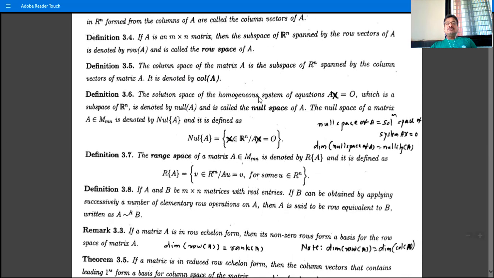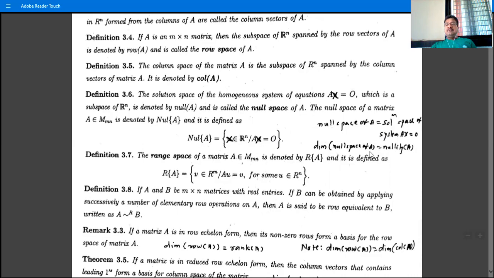And the solution space of the homogeneous system Ax = 0, which is a subspace of R^n, is denoted by NULL A, and is called the null space of A. So what is the null space of A? It is the solution space of the system Ax = 0.